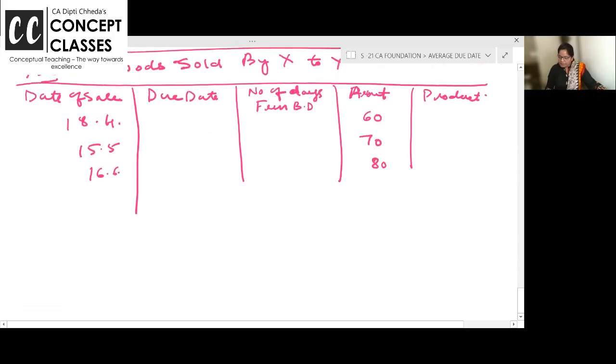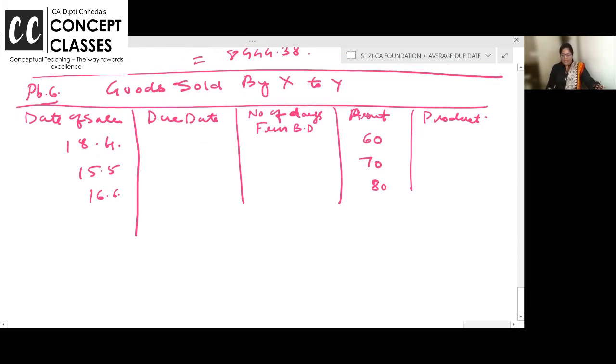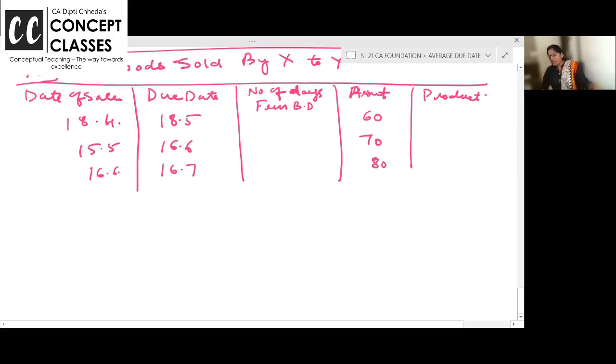Okay? Clear? Now don't calculate base due date; the due date you can calculate, 1 month exactly. So 18th May, 15th June, 16th July. Just exactly 1 month. Don't calculate number of days because the base date you have to take common.